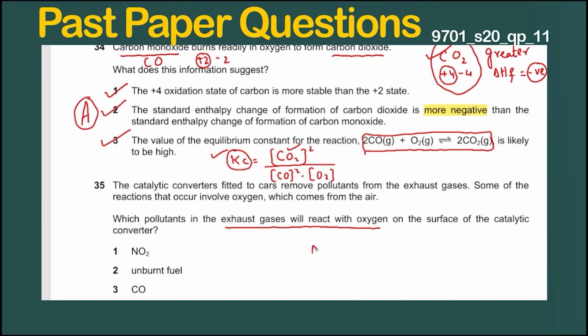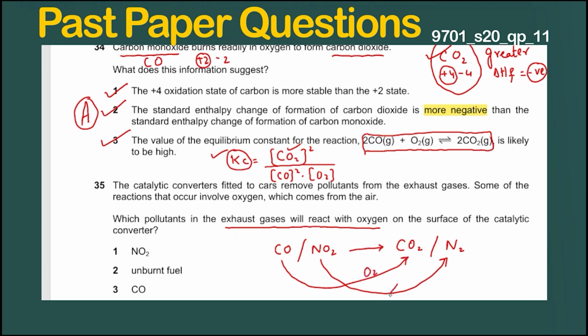Beta, we know that nitrogen oxides and carbon monoxide are converted into nitrogen gas and carbon dioxide respectively. Nitrogen dioxide will convert into nitrogen, carbon monoxide will convert into carbon dioxide. It needs oxygen, but nitrogen dioxide doesn't need oxygen. So I cannot select the first option.